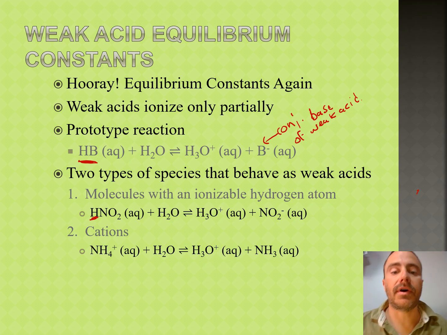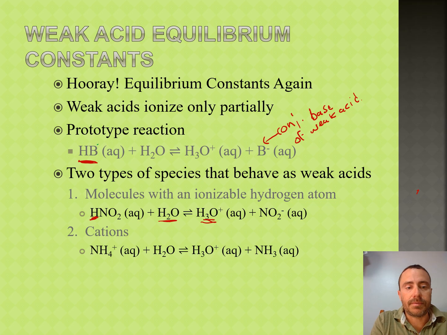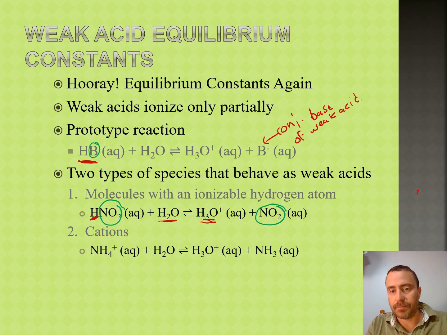So that is going to follow along with our reaction. If you notice, the H is going to react with the water to become H3O plus, and then the B part from up here is our NO2. So it's following that pattern.